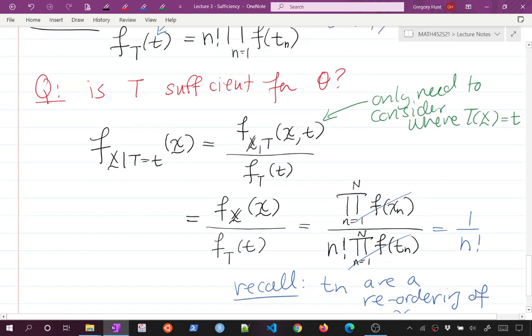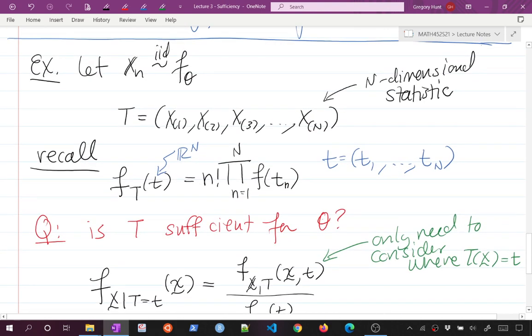And so this example has broad implications, because this statistic isn't a great statistic, it's frankly kind of a poor statistic, right? All you're doing is reordering your data. But order statistics are always going to be sufficient for whatever parameter. You could actually show that the data itself is always sufficient for any parameter. It's not a great statistic because it doesn't summarize anything.